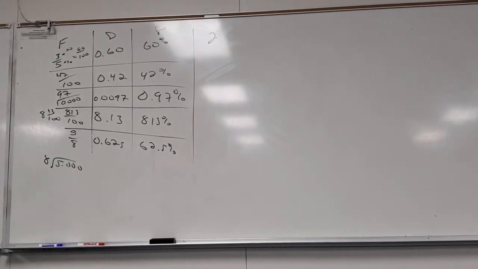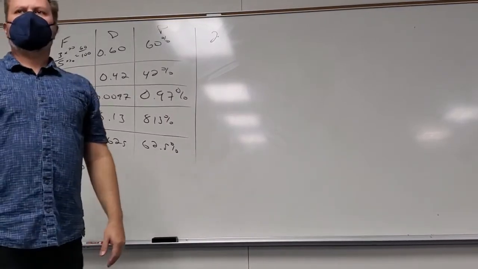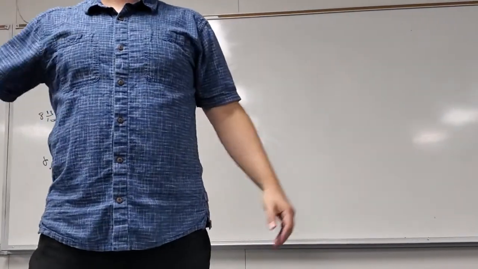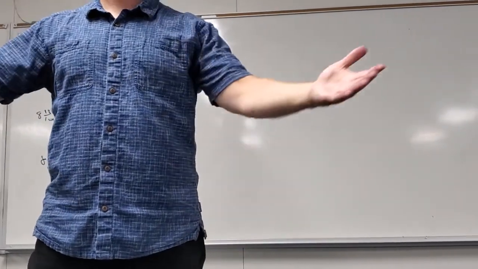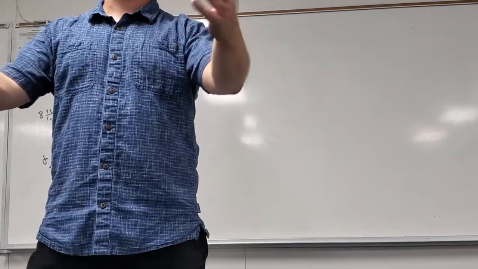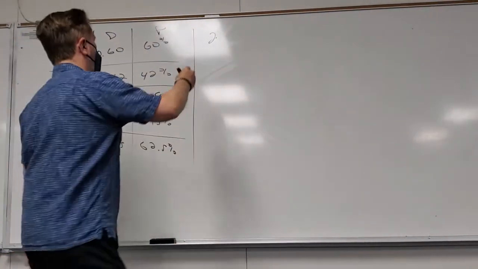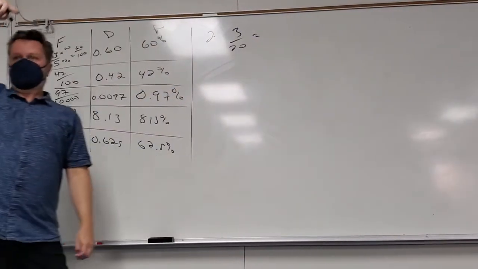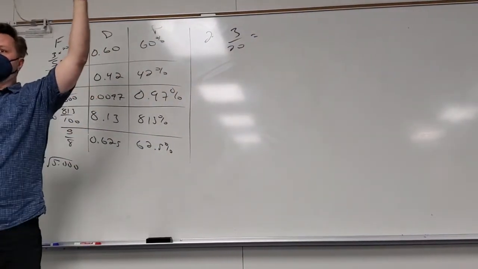But how would we say this in English? How many out of how many are left-handed? 3 out of 20, right? Isn't that how you'd say that? It's exactly how you write it. 3 out of 20. And then you can make that into a percentage easy. Multiply by 5 on top of it, right?